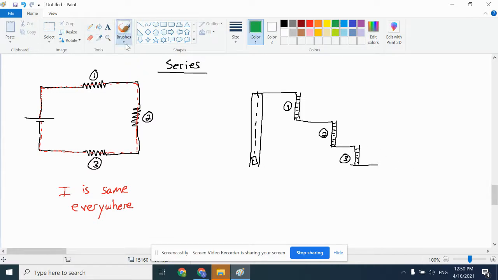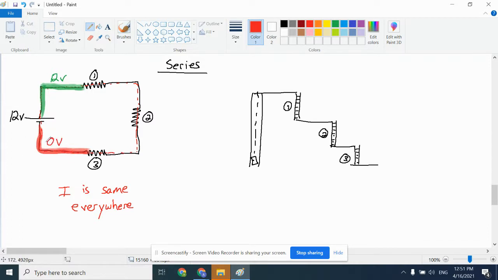Now, without knowing more specifics about what the resistances are, I can't necessarily say what the voltages would be in between them. But for sake of an argument, let's assume that this is a 12-volt power source. That means this line would be sitting at 12 volts. And the one thing I can say for sure is that this final return line is sitting at 0 volts.